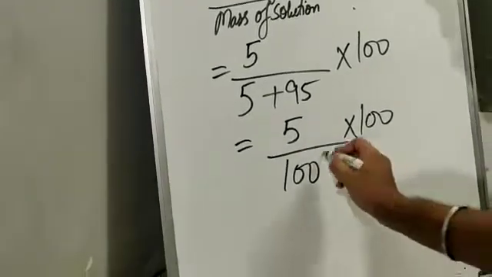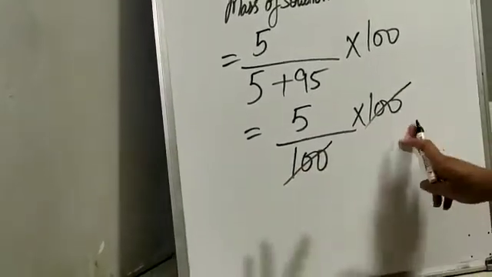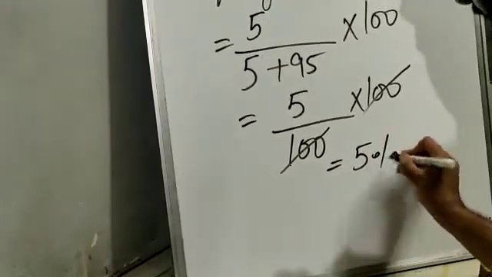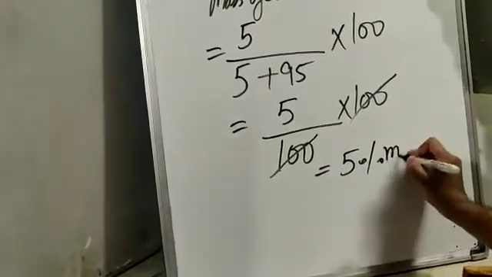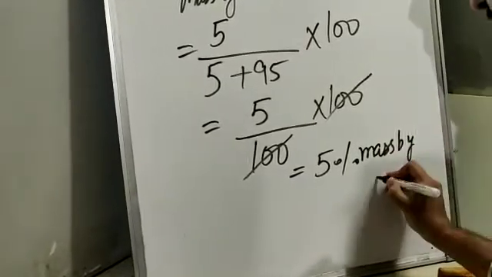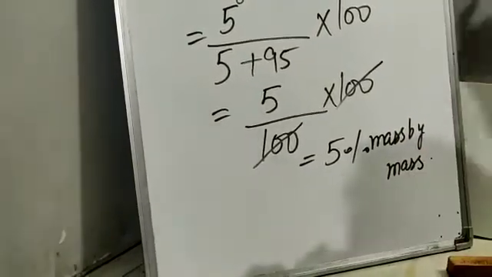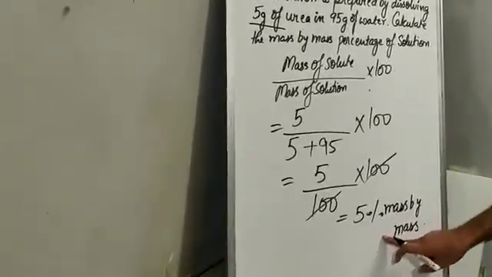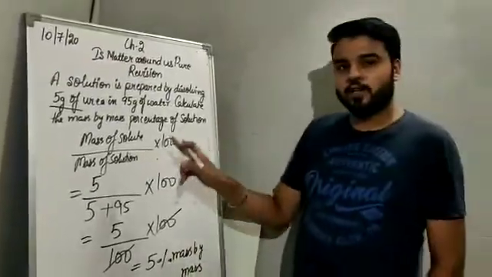This 100 will cancel out this 100. So the answer is 5% mass by mass. So the mass by mass percentage is 5%. I hope you understood this numerical.